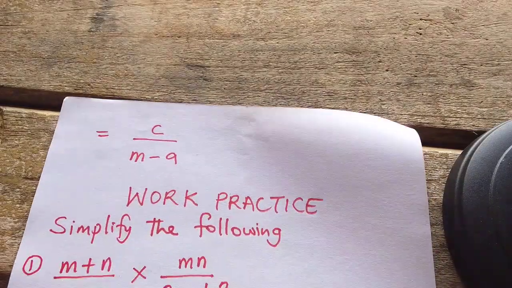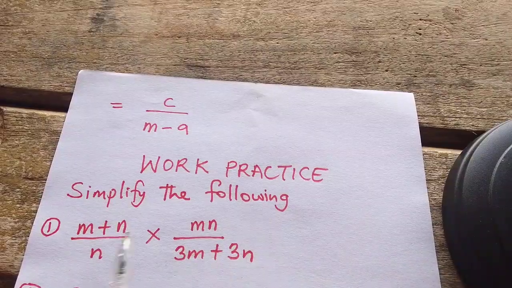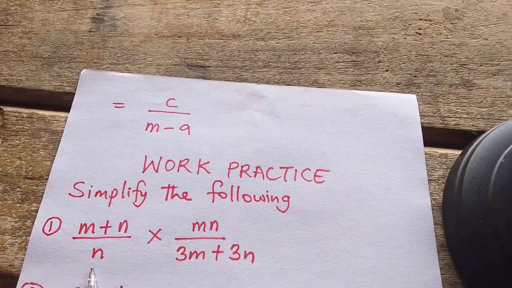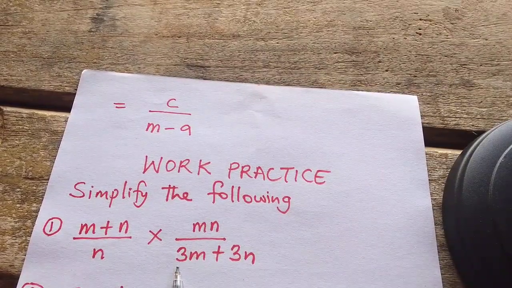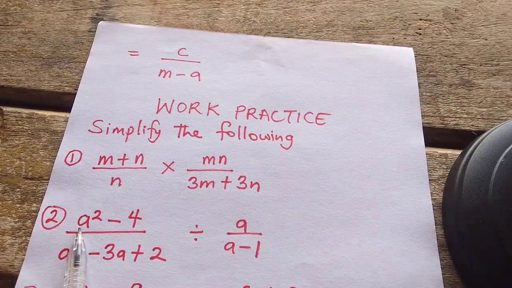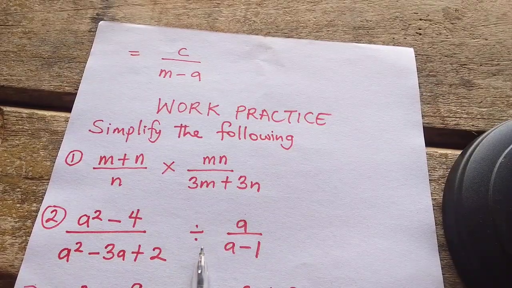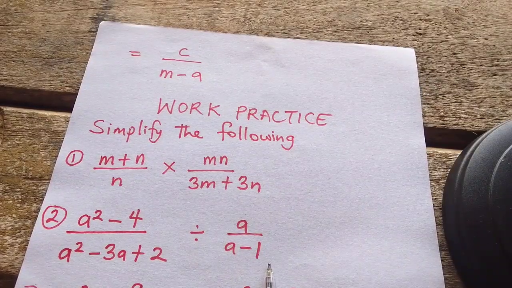So for the work practice, you are going to do this. Simplify the following. Number 1, m plus n over n times mn over 3m plus 3n. Number 2, a square minus 4 over a square minus 3a plus 2 divided by a over a minus 1.